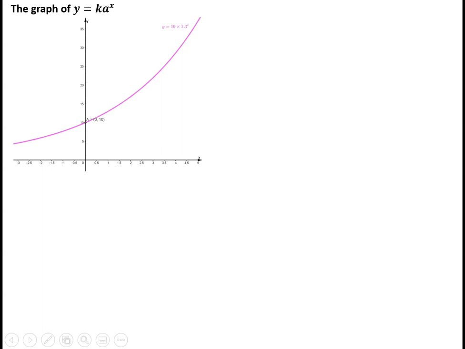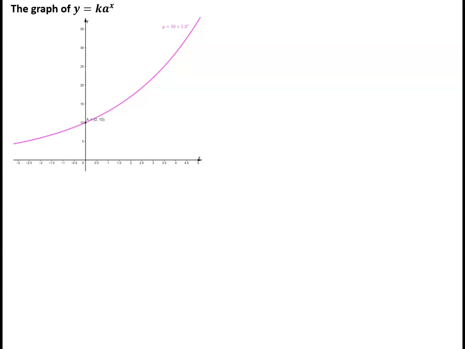Now let's consider the graph of y equals k a to the x, and we'll begin by considering cases where a is bigger than 1. So in this case we've got the graph of y equals 10 times 1.3 to the power x.